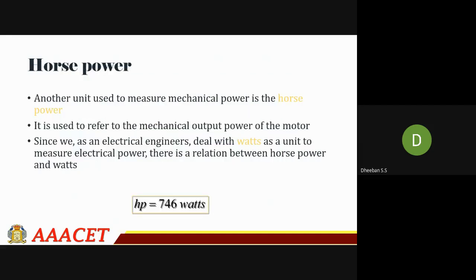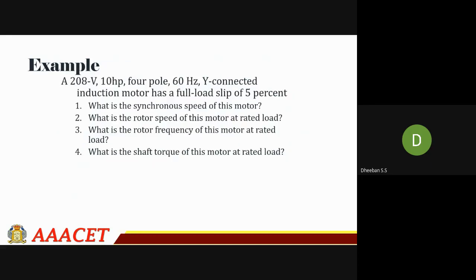Next is horsepower. This torque can be expressed in horsepower. If you are dealing with horsepower, your watts will be converted into HP. 1 HP is equal to 746 watts.